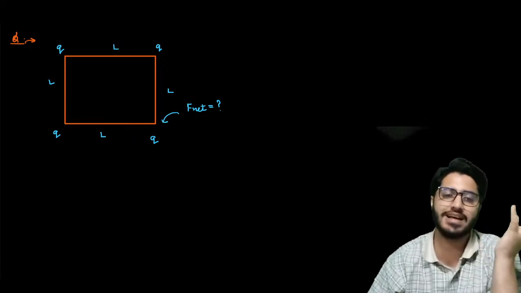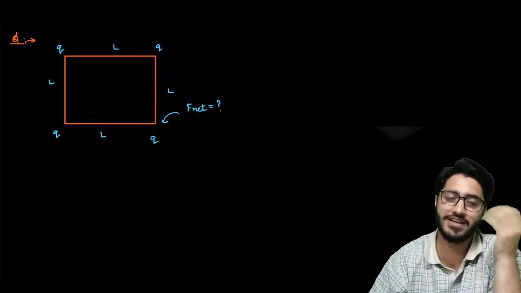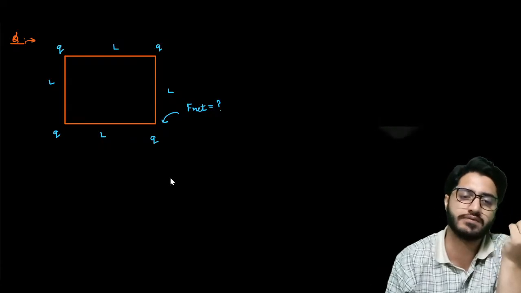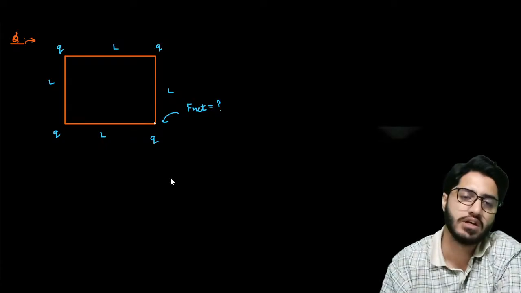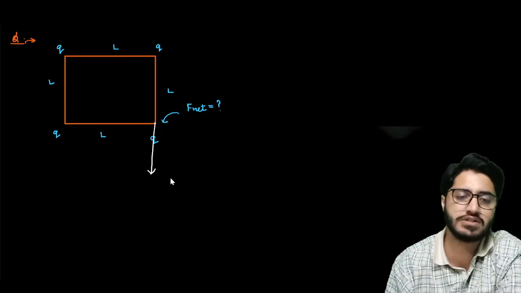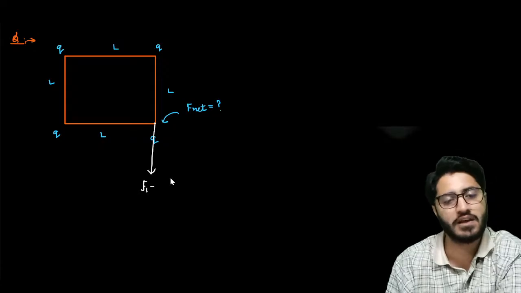Now we have a four-sided figure. We have to find the force on this particular charge. Okay, how can we get it? Look, this Q applies a force, let us suppose F1, equal to K Q1 Q2 by L square.